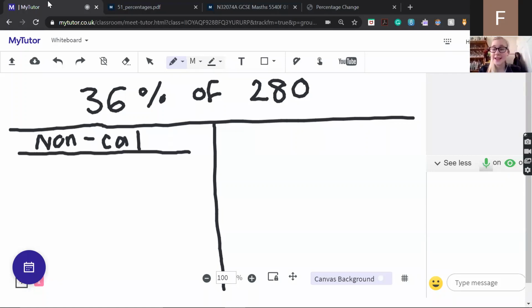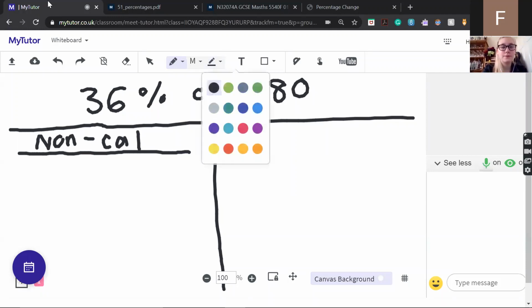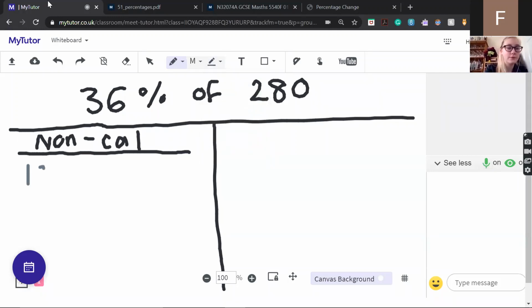So what we do here is we calculate percentages that we know we can calculate. And normally this is broken down into 10%, 1% in general. So, for example, 10% of 280, that's just dividing by 10. Because 100% is the whole thing. So 10% is a tenth of it.